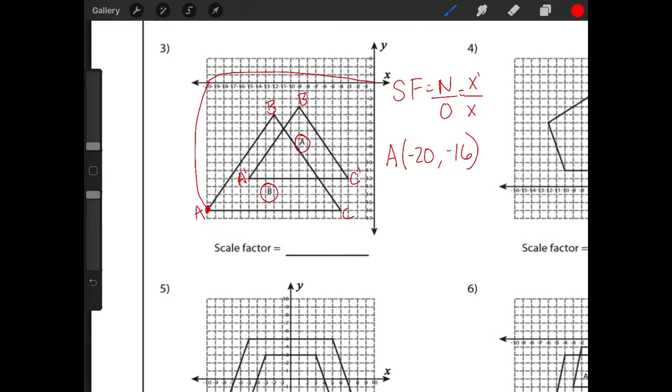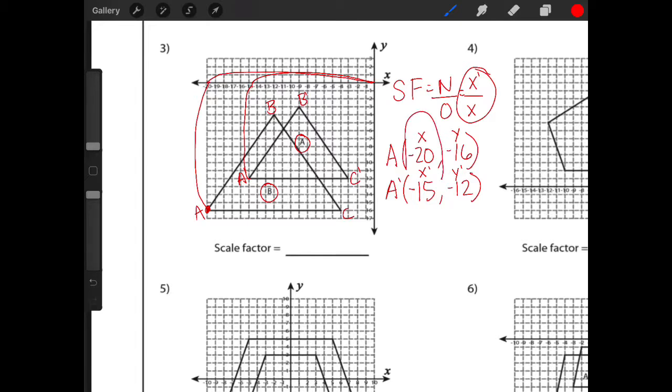So -20, -16, it's like a roadmap to get to A. Then for A prime, I have to go all the way to -15 and then go all the way down to -12. So what did I mean by my X prime compared to my X? Well, in this situation, here is my X, here is my Y. Here is my X prime, here is my Y prime.